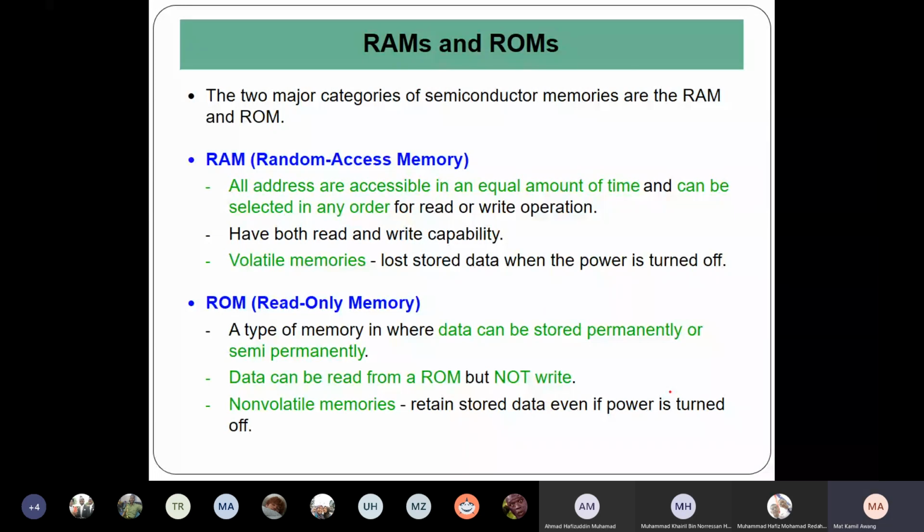So when you boot up the computer, when you switch on the computer, that one will kickstart and start your computer. So it's a non-volatile memory. Basically, it retains stored data even if power is turned off.